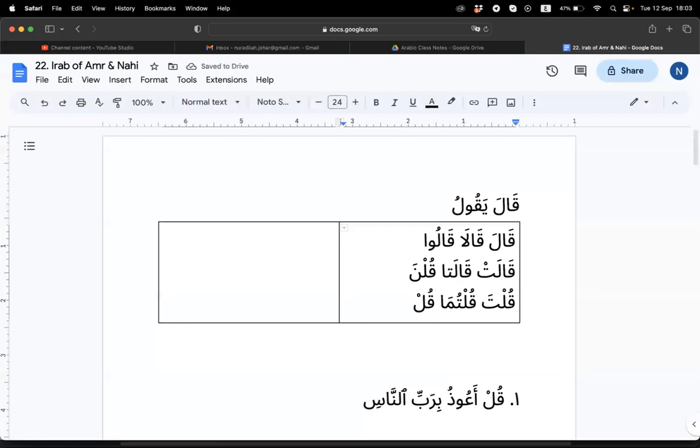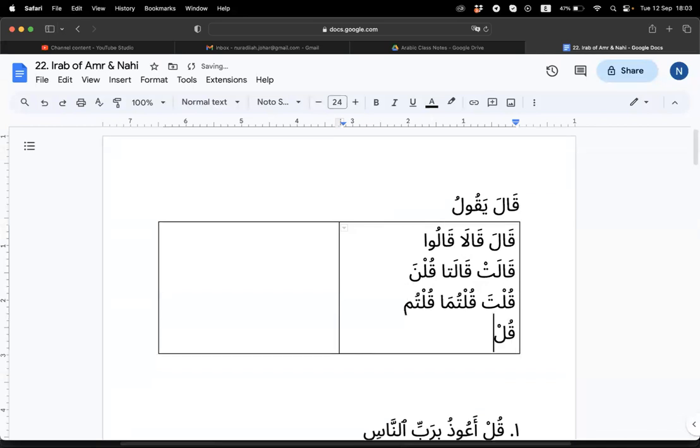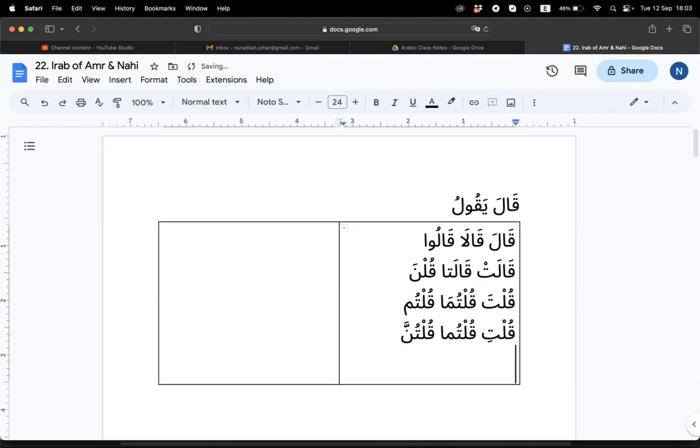Anti, kulti. Antuma, kultuma. Antunna, qultunna. Ana, qultu.